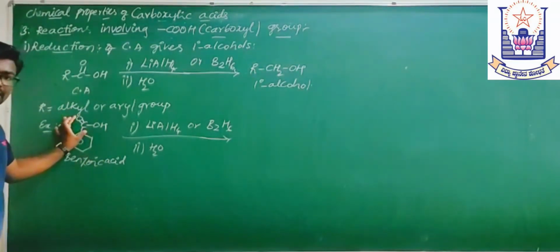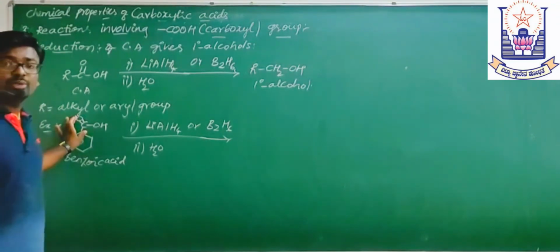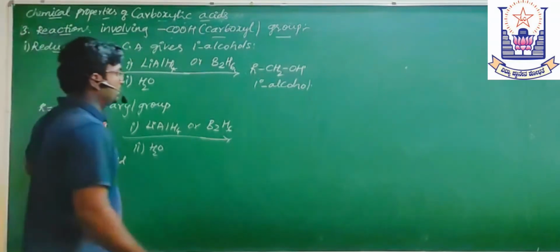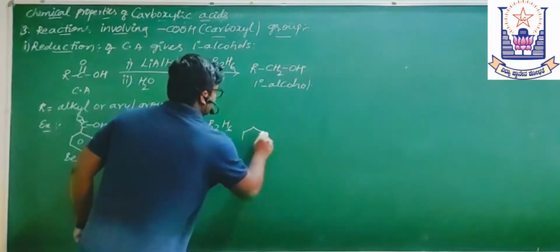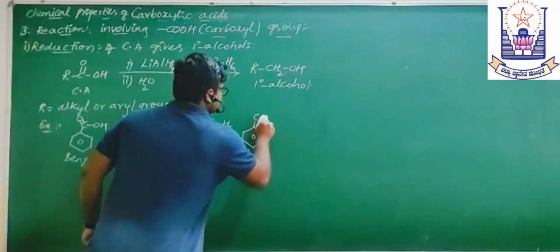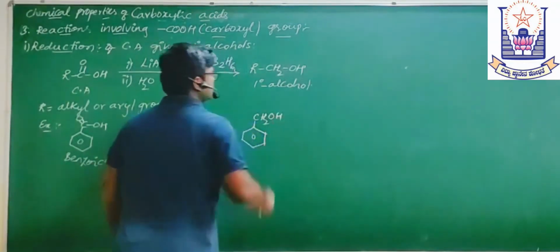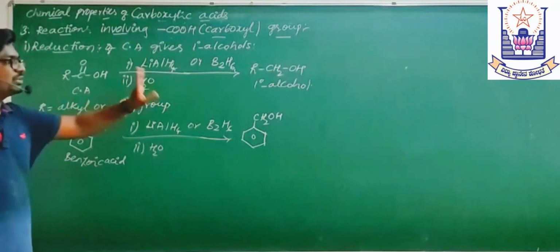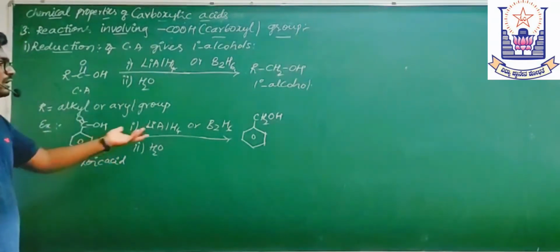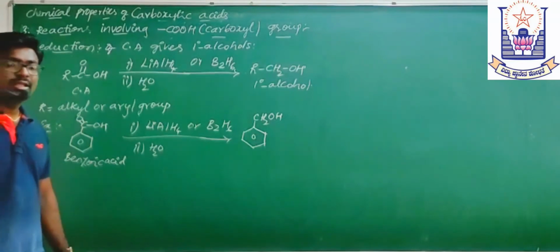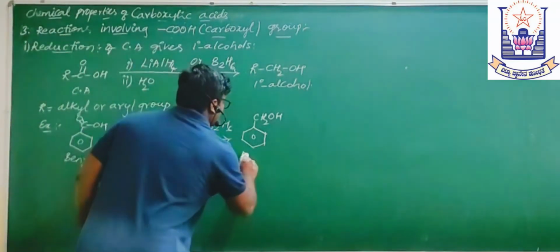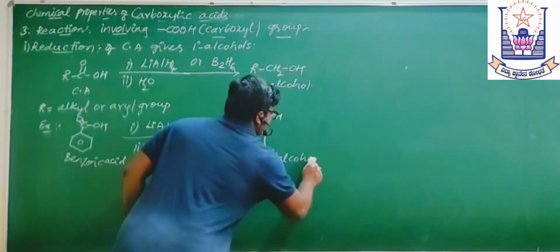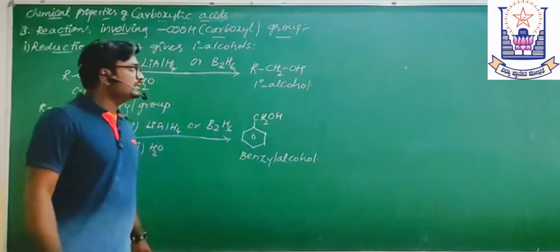This carbonyl group will be reduced to the hydrocarbon part. So you will get CH2OH. That OH part is as it is. This oxygen is replaced with the two hydrogens. This is called reduction. This is now benzyl alcohol. It is the common name. Then what is the IUPAC name?